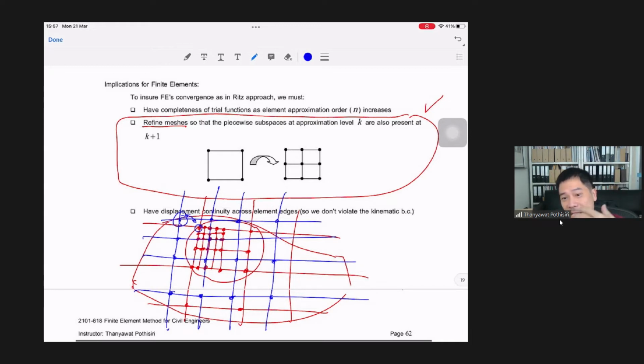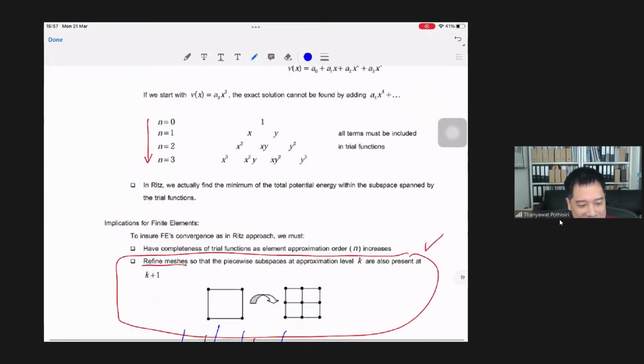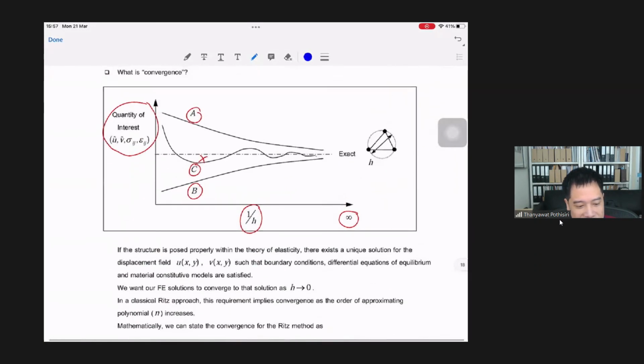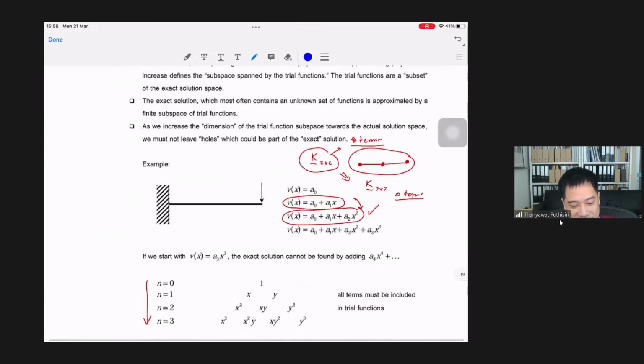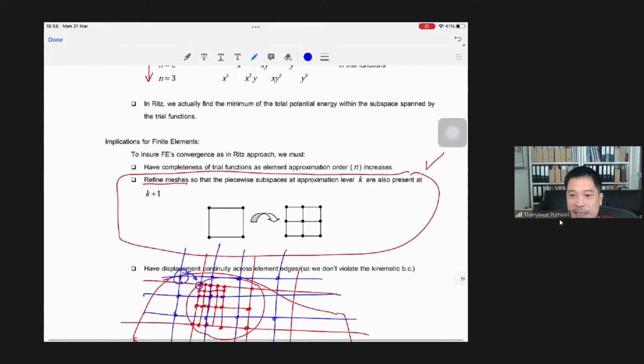So in doing so, you may end up with something like this. You can ensure that your solution would converge to a certain thing, but you can see that at some point it keeps decreasing, at some point it keeps increasing, because you're looking at different locations. So the only way that you can ensure monotonic convergence is by always keeping the mesh in the previous step in place and keep refining from that.